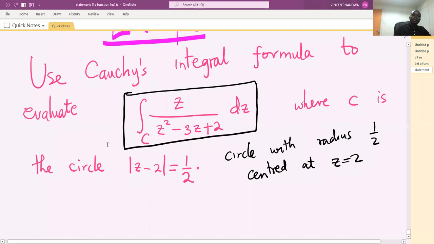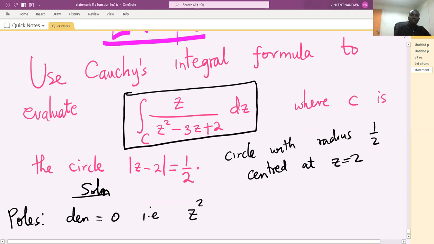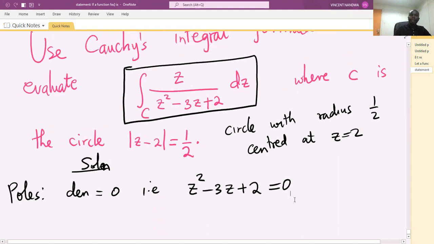So step 1 is to find the poles. The denominator is equated to 0, i.e. z squared minus 3z plus 2 equals 0.